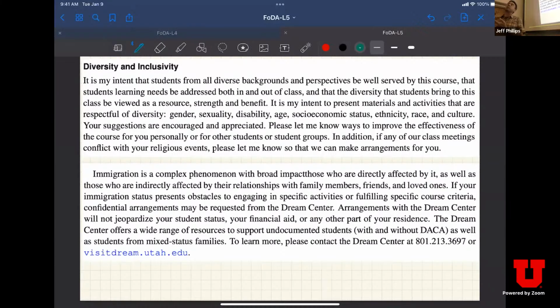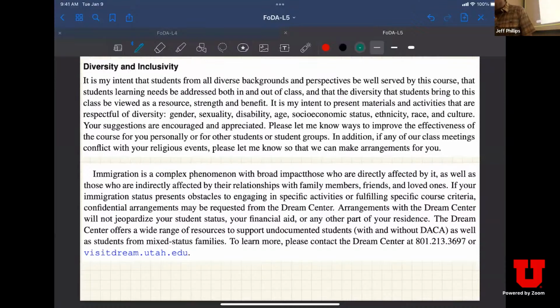There's the International Center, which affects a lot of graduate students I end up working with, and there's a Visit Dream website that, if you aren't aware of it and this affects you personally, might be a good resource to explore. So great.